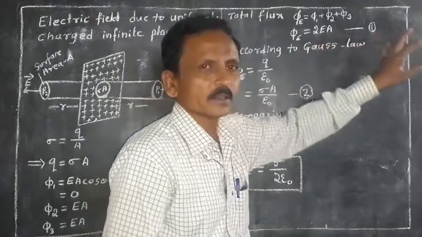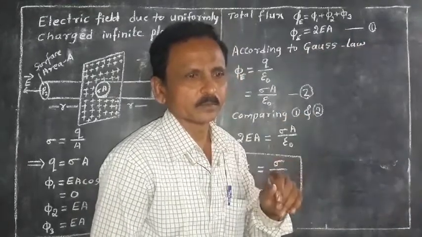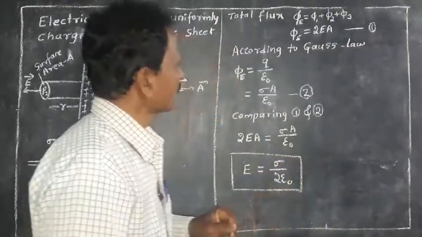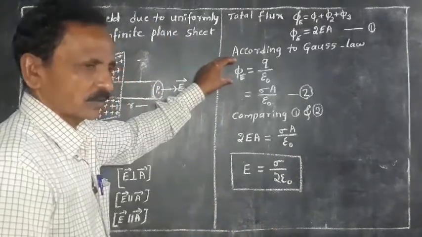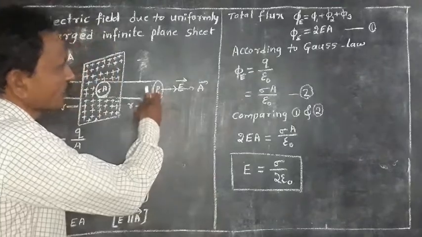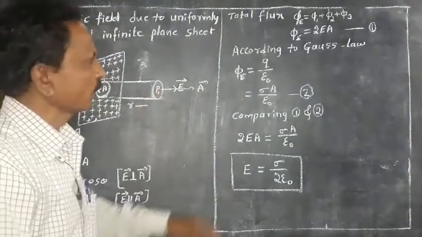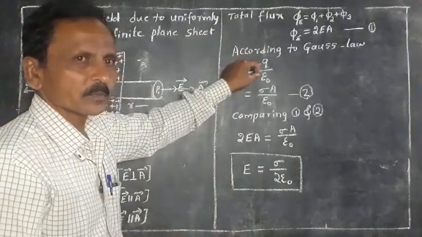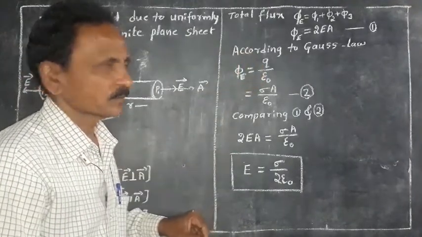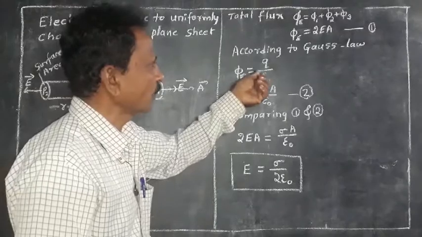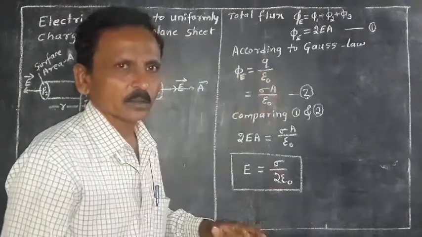Consider this as equation 1. Now, according to Gauss law, electric flux through a closed surface is 1 upon epsilon naught times the net charge enclosed by it. Thus, phi equal to Q upon epsilon naught.